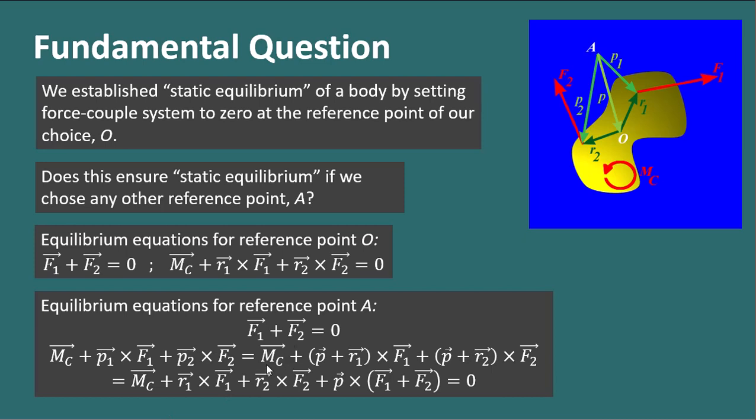And then we write P1 as this fixed distance P plus R1, and we write P2 as P plus R2. And after a little bit of algebra, you can show that the equilibrium equations are also satisfied at point A.